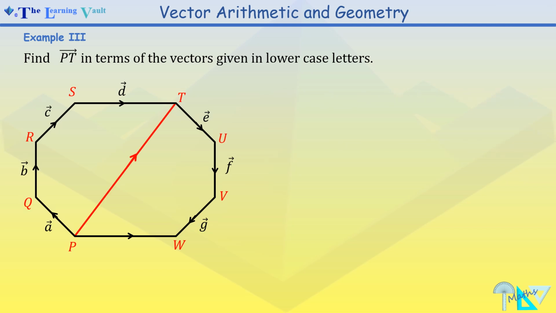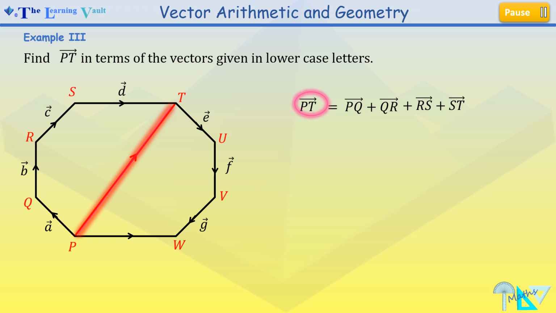Example 3. We're meant to find the vector PT in terms of the vectors given in lowercase letters. You may pause and have a go. Now let's write our vectors. So our PT is our PQ plus QR plus RS plus ST. So those are all our vectors.